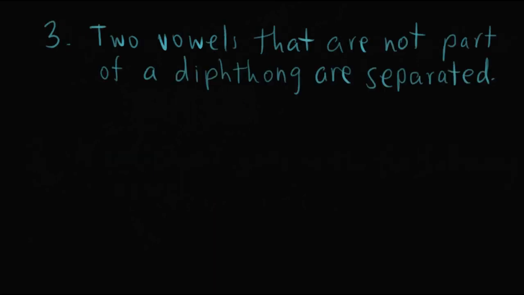Rule number 3, if you have two vowels that are not part of a diphthong, they are separated. So let's look at the word Basileia, which means kingdom. Basileia. So in this case, the syllable breaks up here, and now we encounter these three vowels here. So where should the dividing line be? So if you notice, this here is a diphthong.